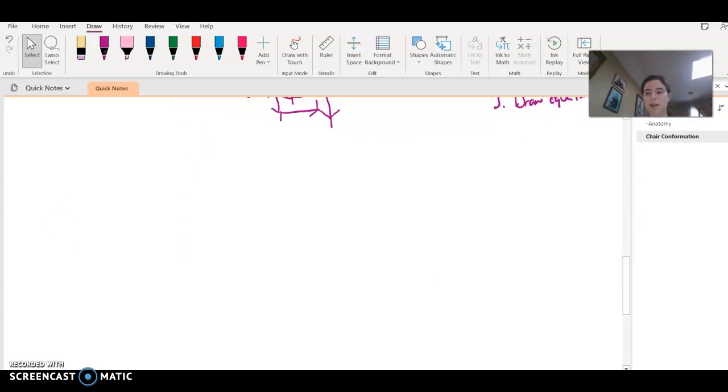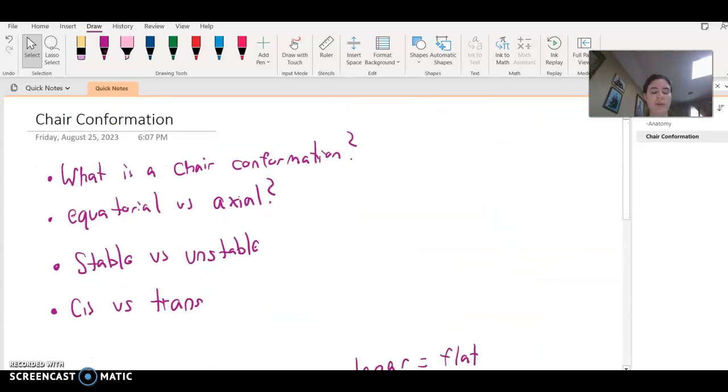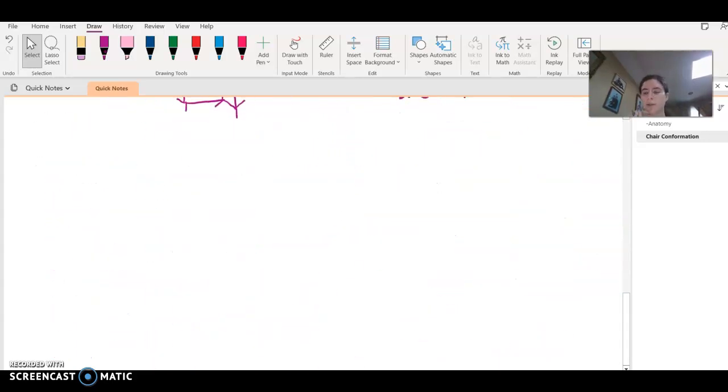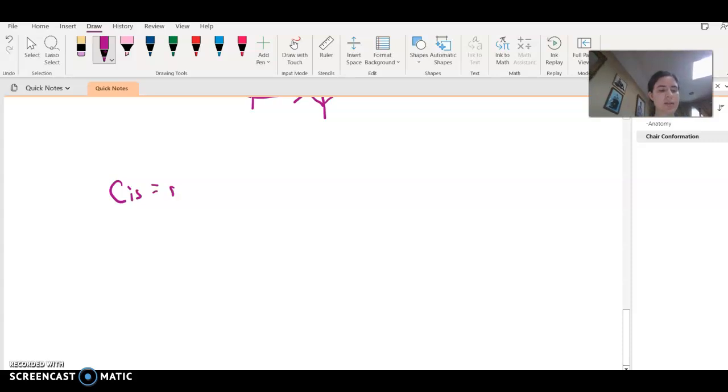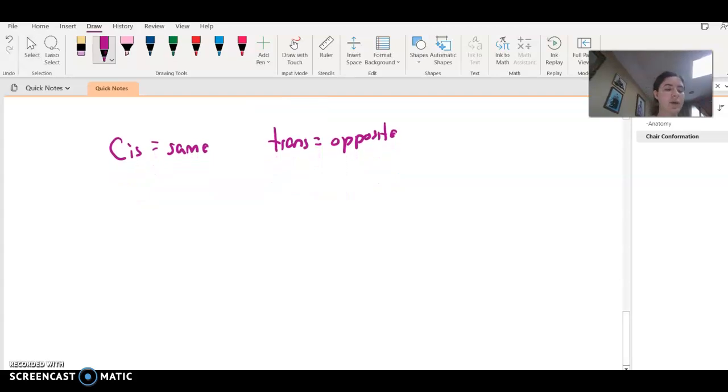Now, for the next bullet point, we have to see what is stable versus unstable and cis versus trans. So as review, what is cis and trans? So cis means same, and trans means opposite. Okay, so when you have a cyclohexane, ones on the same side will be either both wedges or both dashes.